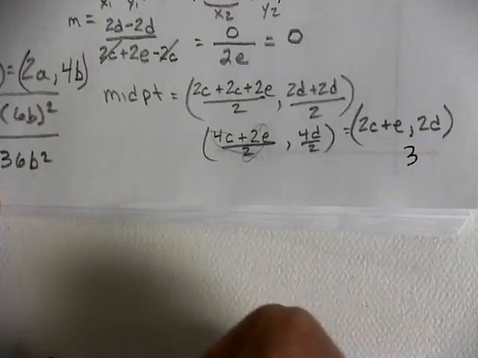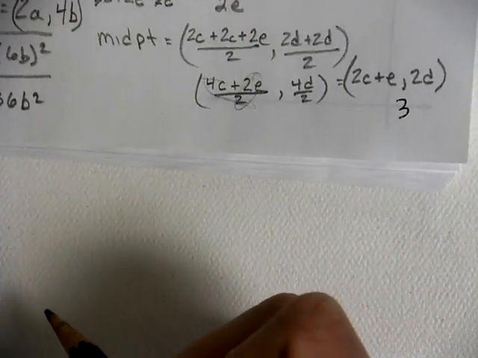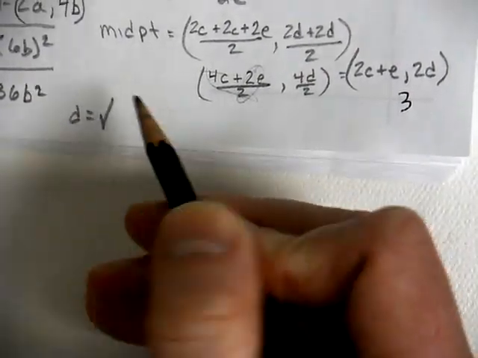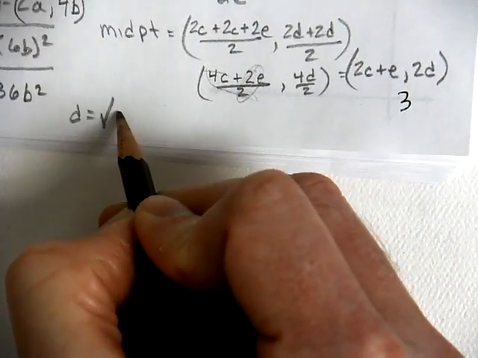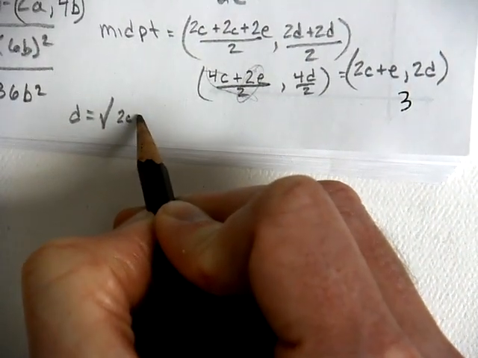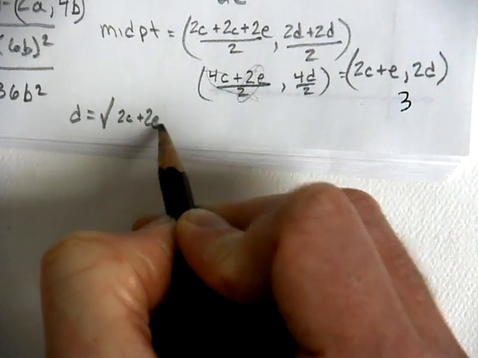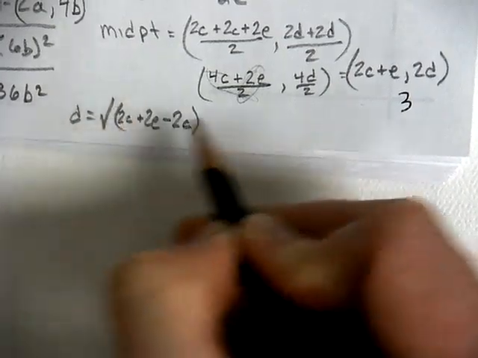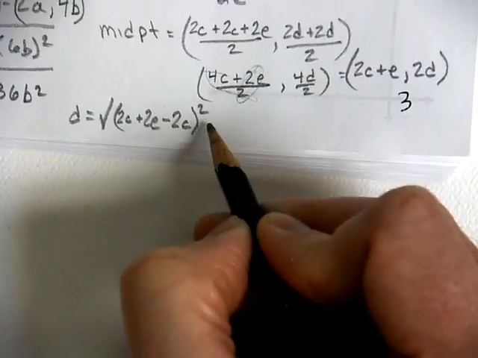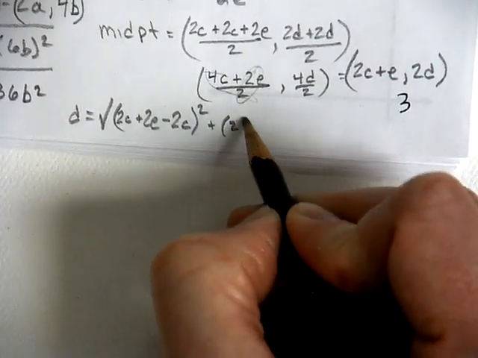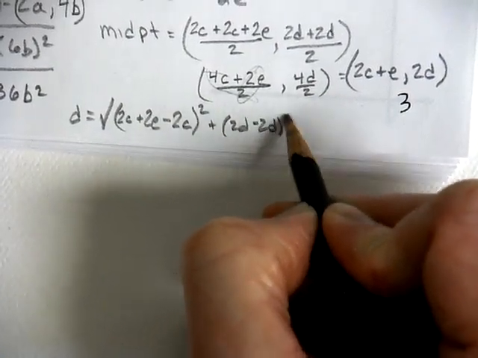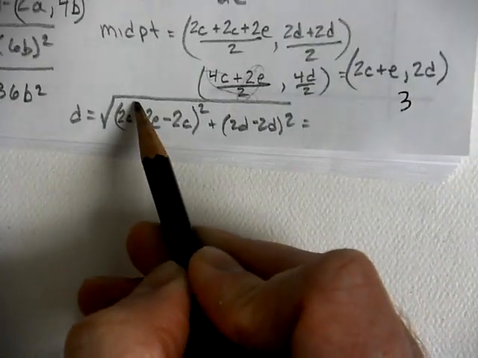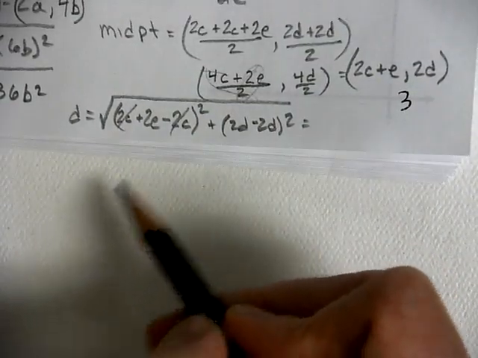And our last distance, x2, which is 2C plus 2E minus 2C. We're supposed to square that. And we have 2D minus 2D. Well, here the 2C and the 2C cross out again.